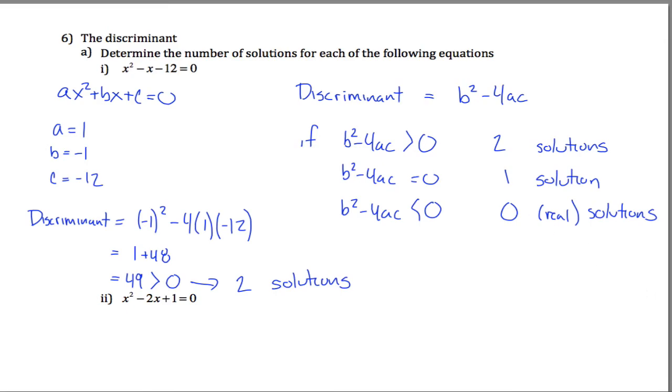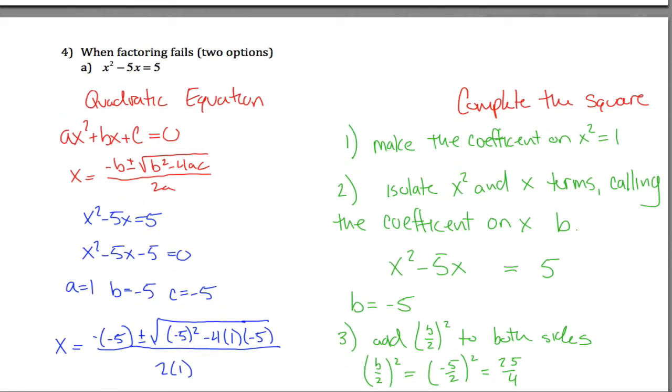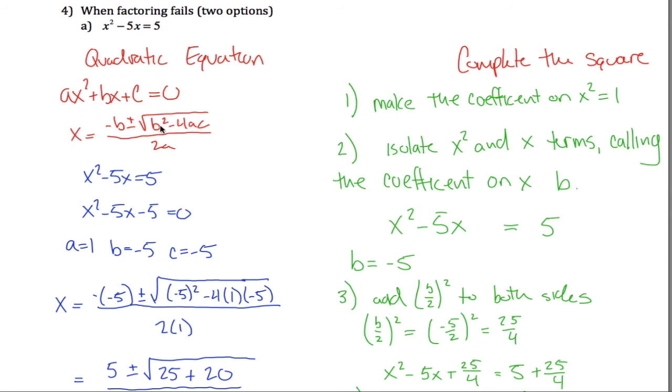If you're curious why this works, you can kind of get it out of this quadratic equation. If this thing in here is a positive number, then its square root is a positive number. And so what I'm doing is I'm adding a positive number to negative b, and then I'm subtracting a positive number from negative b. I'm getting 2 different answers here. If this b squared minus 4ac thing is 0, the square root of 0 is just 0.